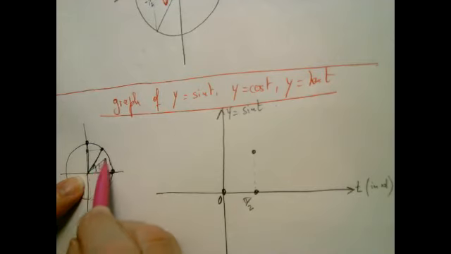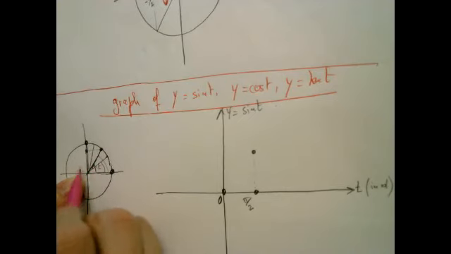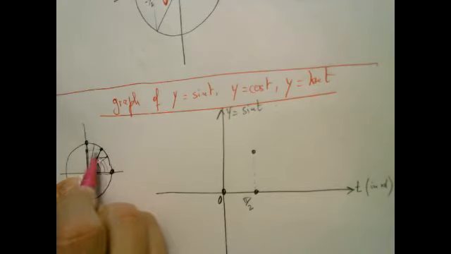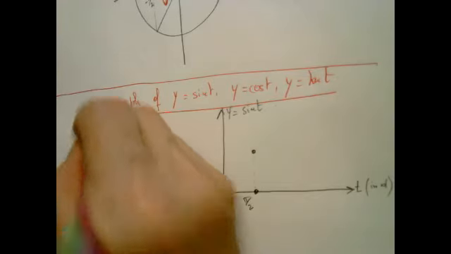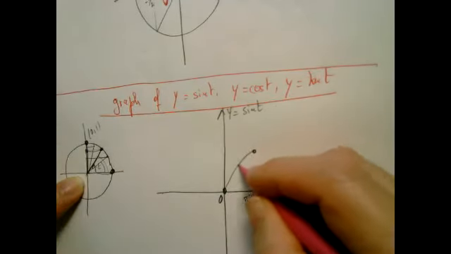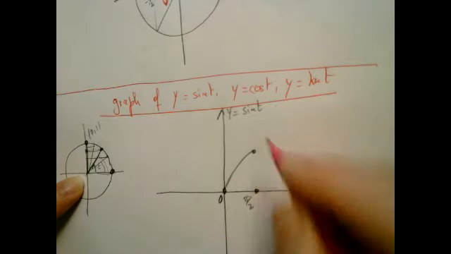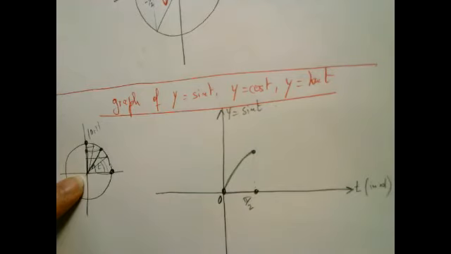As my angle increases in value, the sine, which is the y coordinate, is actually increasing, all the way up to 1. So as the angle goes from 0 to pi over 2, my sine is increasing.